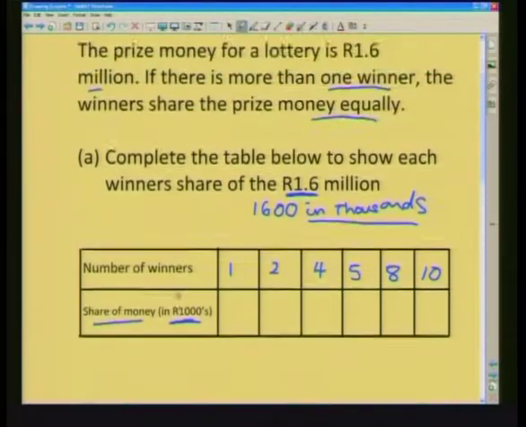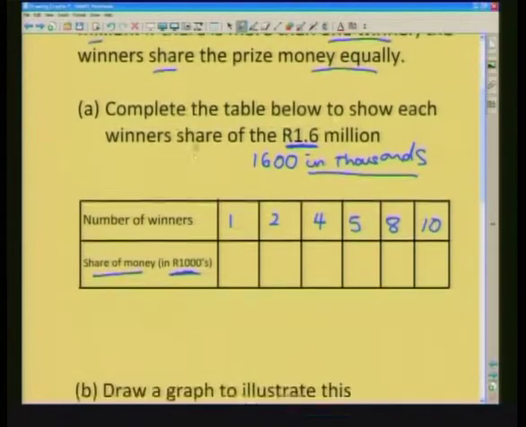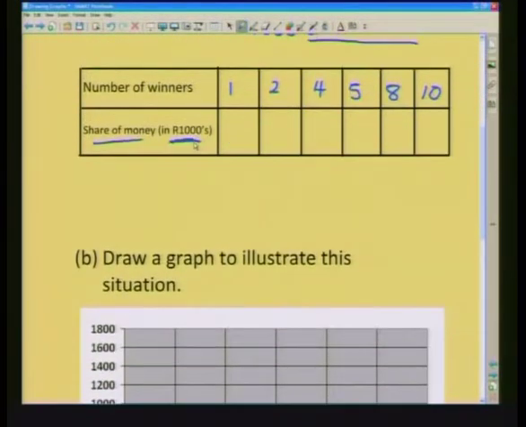All right, in order to complete the table, we have to take into account the fact that they say the winners will share the prize money equally. The first column is very easy to fill in. If there's just one winner, they're going to get all the money, so they're going to get 1,600 in thousands, the entire 1.6 million.